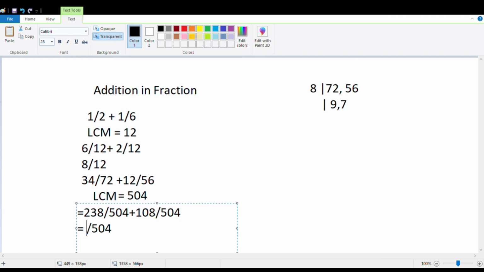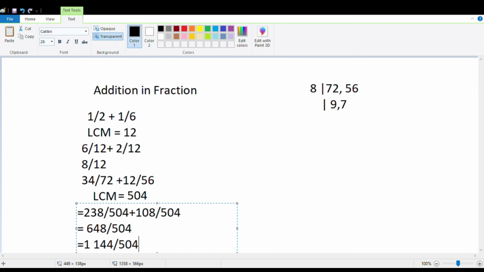But if the number is 648, you divide 648 by 504. 504 into 1 equals 504. 648 minus 504 equals 144. You always have to convert an improper fraction into a mixed fraction, so it becomes 144 over 504.